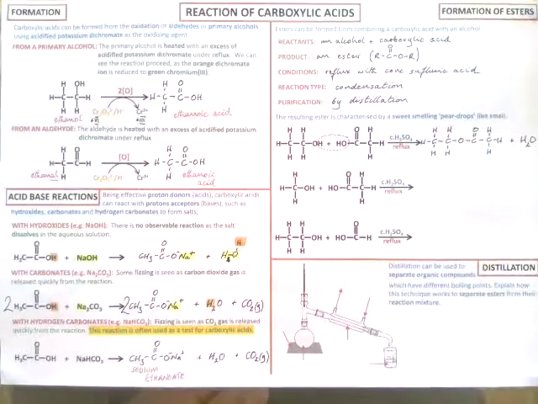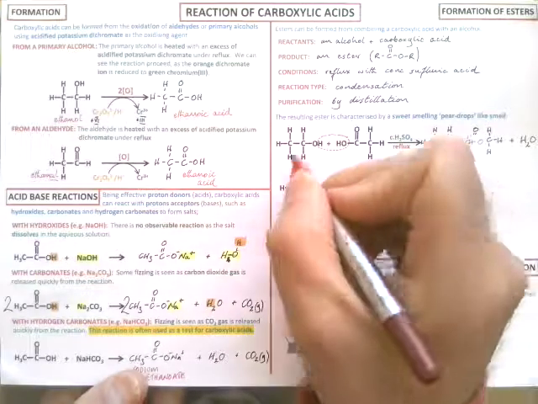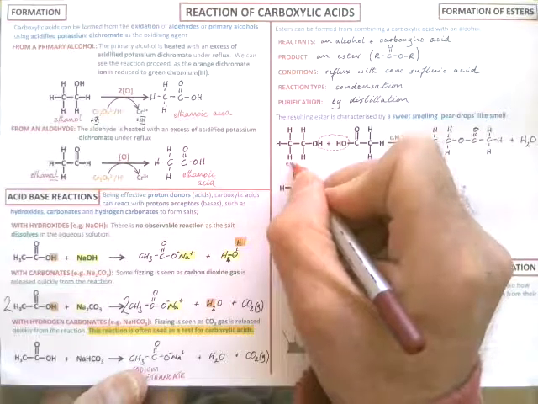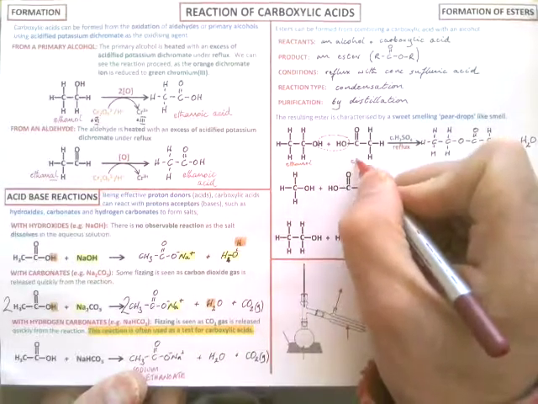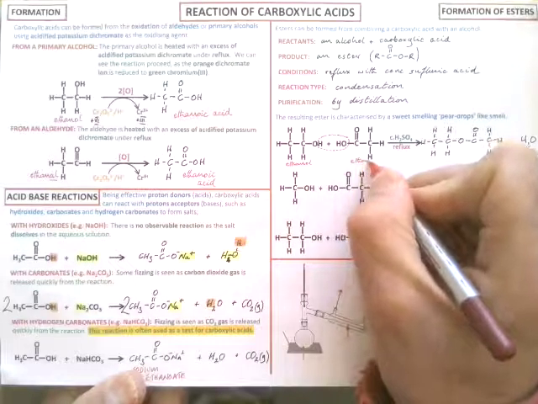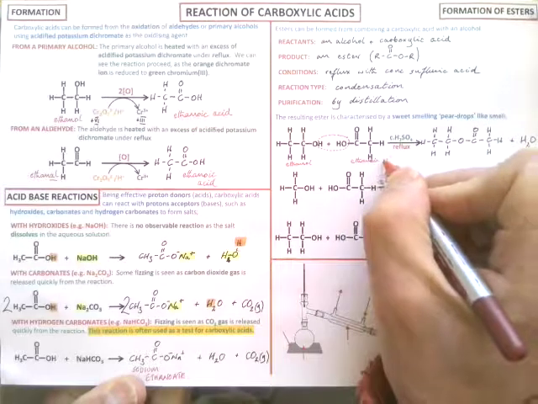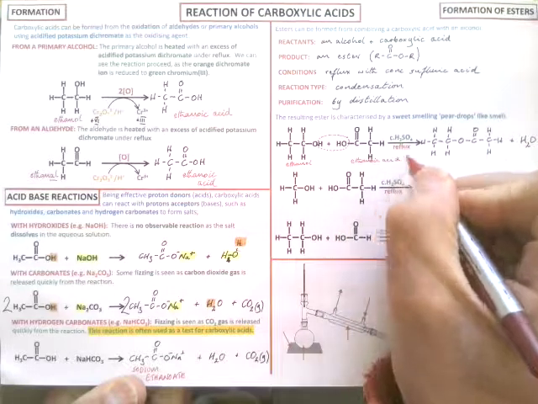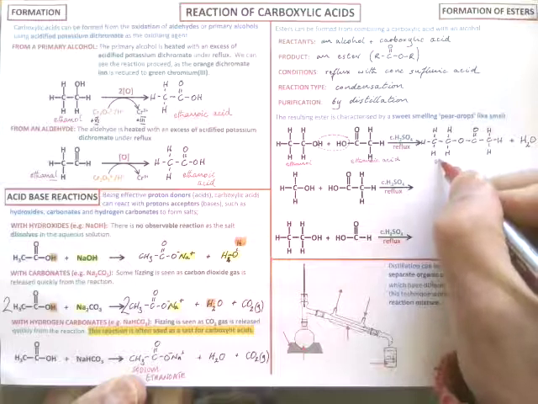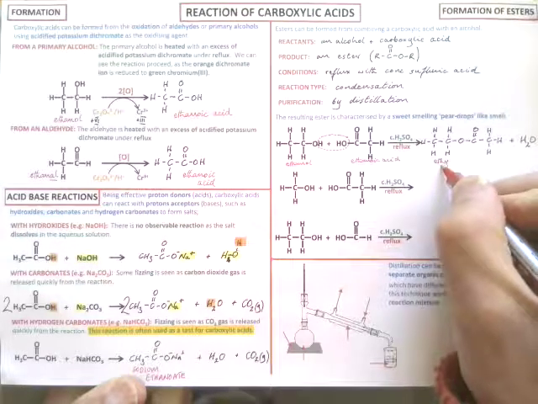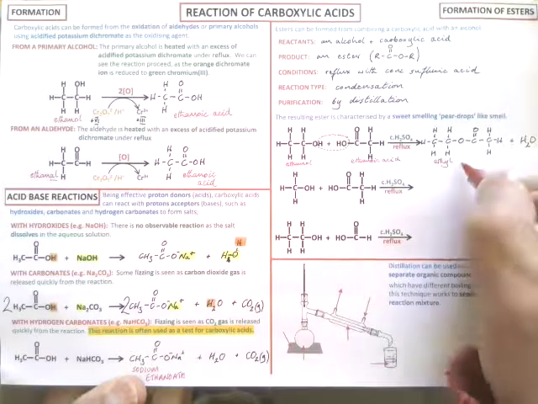Okay, now what is this called? Well, this was ethanol, and this was ethanoic acid. The ester will be called ethyl, from the ethanol, ethanoate.